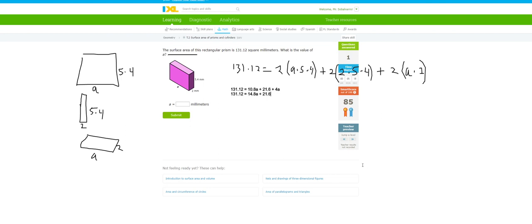So what I'm going to do next is take away 21.6 from 131.12, and that's equal to 109.52. So 109.52 is equal to 14.8A. Then I'm going to divide 109.52 by 14.8, and that's equal to 7.4. So 7.4 is equal to A.